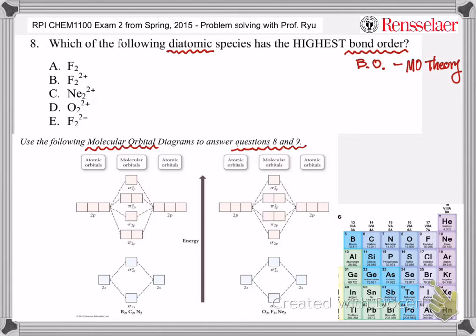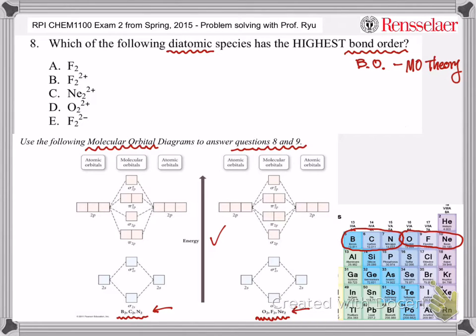Looking at the diagram provided, at the bottom in the fine print, boron, carbon, and nitrogen are shown as lighter elements. When they form a diatomic molecule, they follow the energy diagram shown on the left. For oxygen, fluorine, and neon, which are heavier atoms, the diagram is shown on the right.